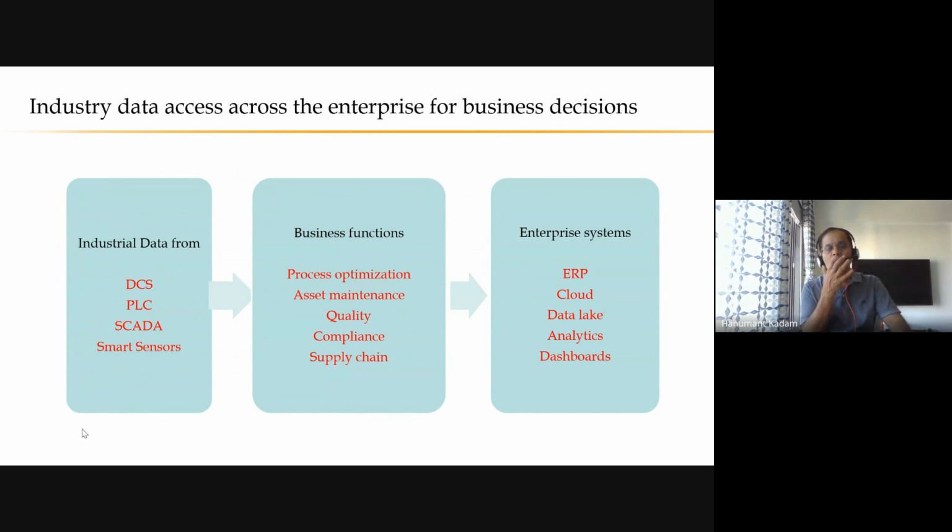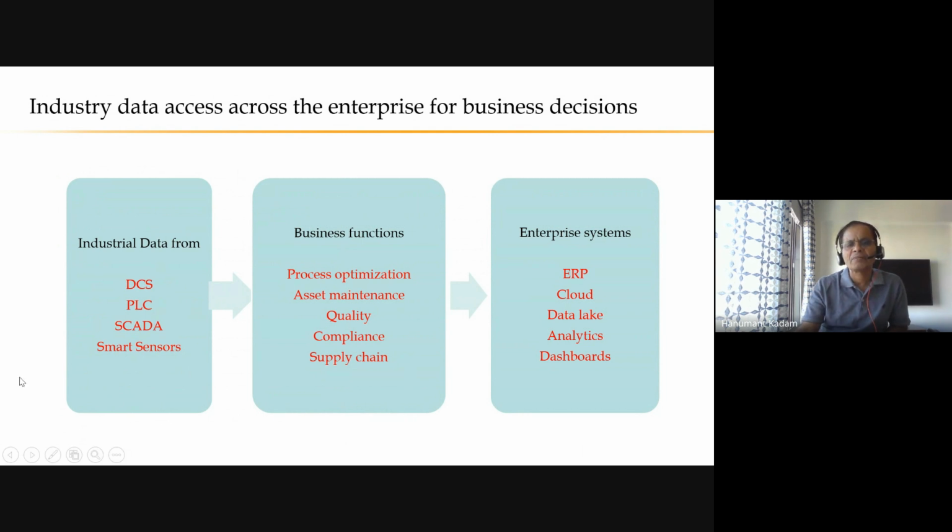But now, your DCS or any automation system plant data, for example industrial data from DCS, PLC, SCADA, or wireless smart sensors, goes directly to the business functions. Maybe a process optimization software which is out of your control room where your DCS hardware is.